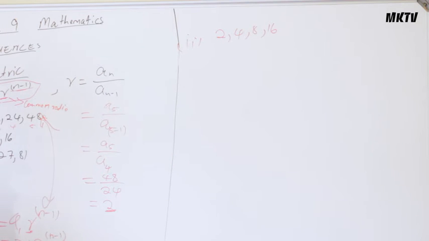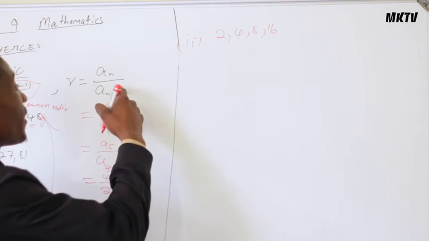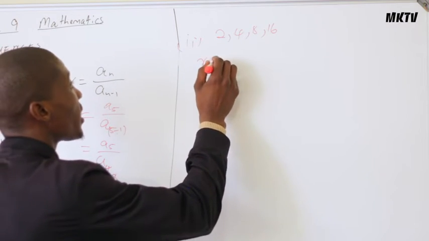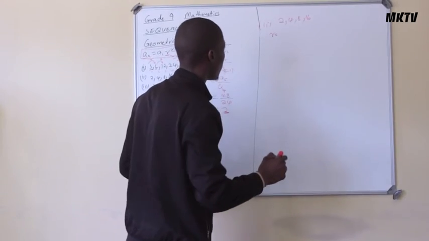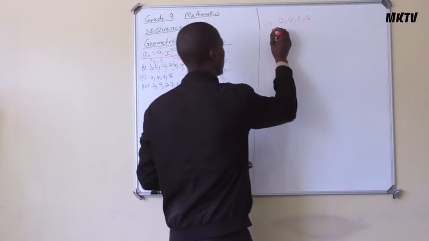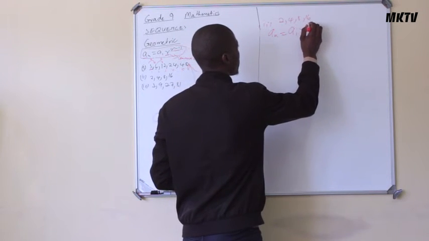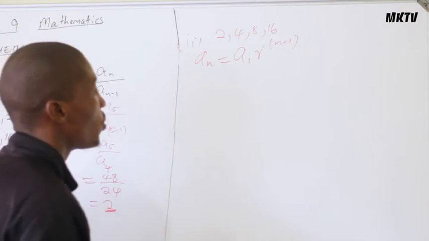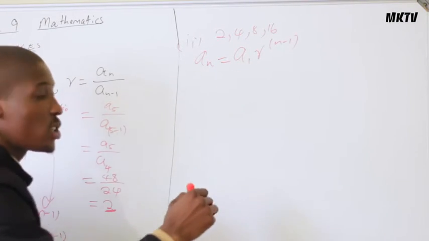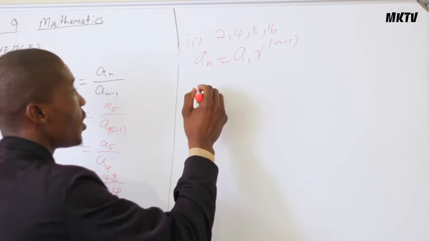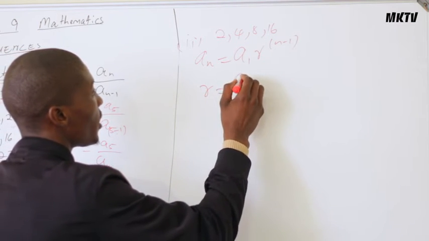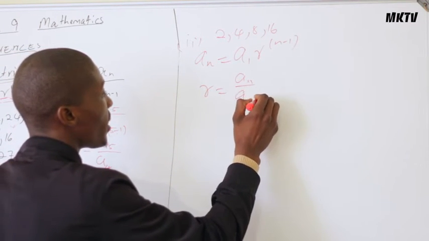We said, first of all, we are going to find the common ratio, being r. Let's state the general nth formula first. We don't know the common ratio, so finding the common ratio, we will have r equals a_n over a_n minus 1.